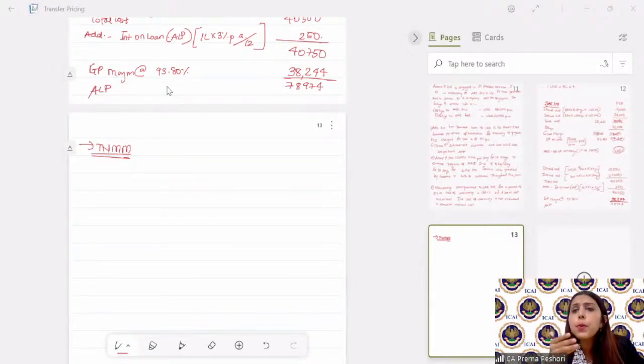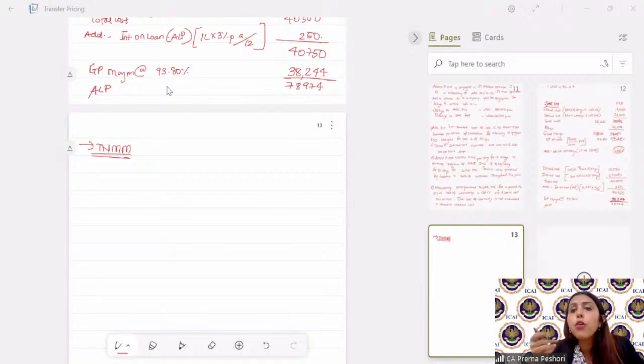Similarly, for a service provider, we may not be able to find the cost or the adjustments with respect to the gross profit on cost. So we may resort to the net margin method, and there we will take net margin upon cost for a service provider. For a reseller, we may take net margin upon sales, right?